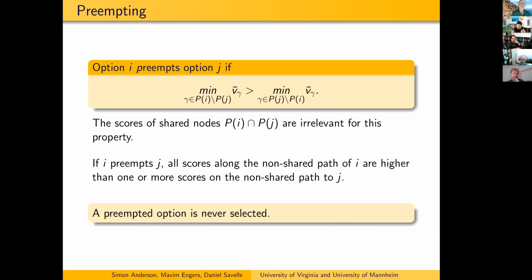If you knew that the minimum of the scores on the path to I not shared with J is higher than the minimum of the scores on the path to J but not I, that means there is some score on the path to J that is below all the scores on the path to I. And so I would be searched and selected in this process before J would ever be selected. I don't know that I is selected, but I know for sure J is not. So if an option is preempted, it is not selected.